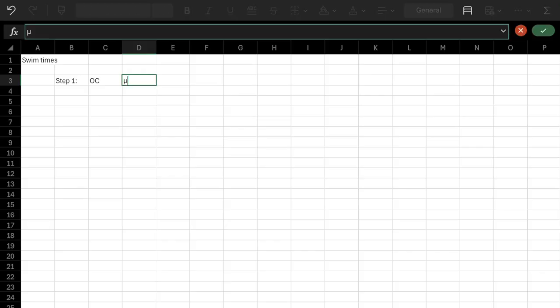All right, so I'm going to say mu. Option M gives you mu. If you have auto cap on, it'll just look like an M, which happens to be a capital mu. But if you don't have auto cap and you put option M, then you'll get a mu. So Frank is saying that mu is less than 16.43.